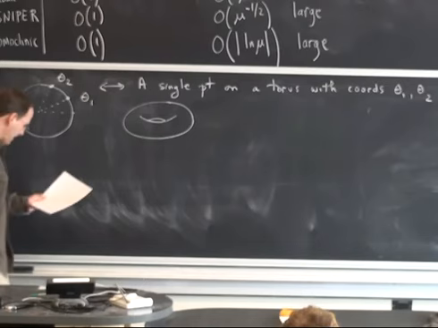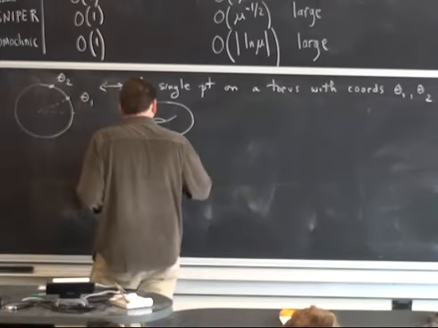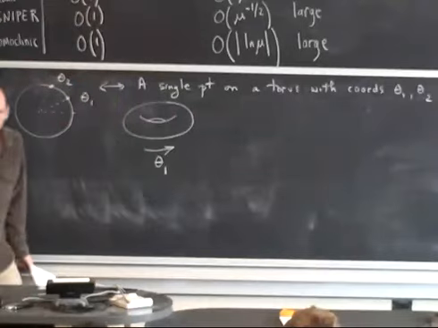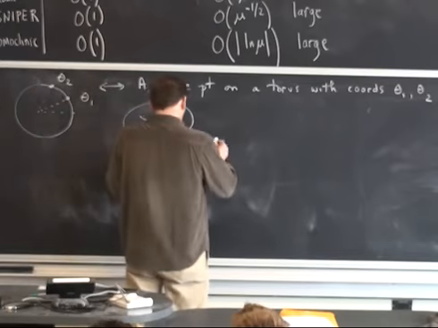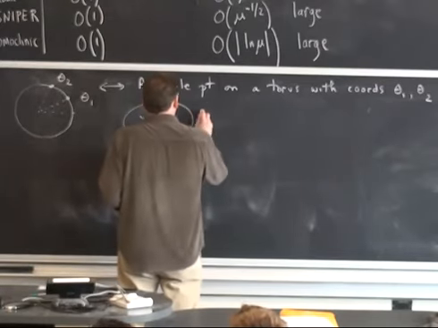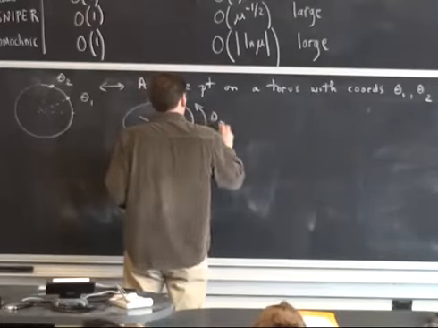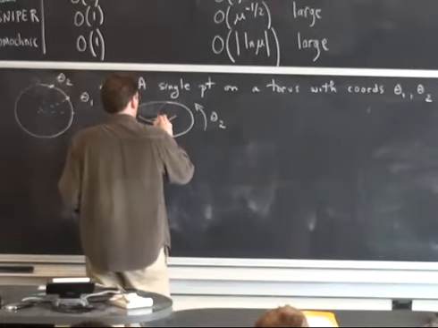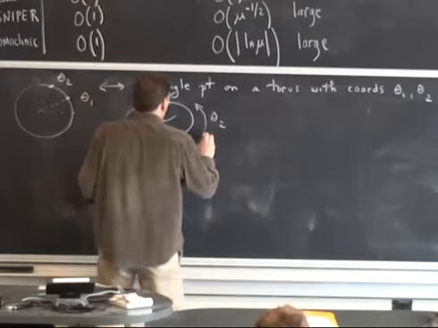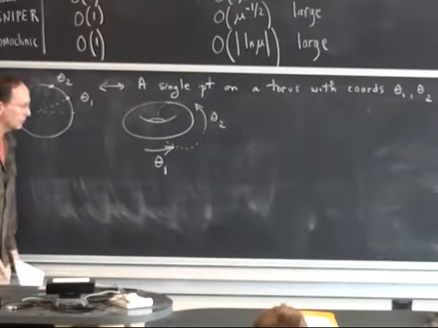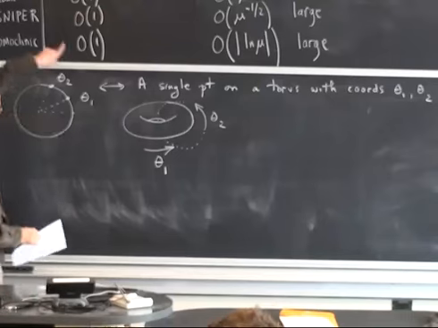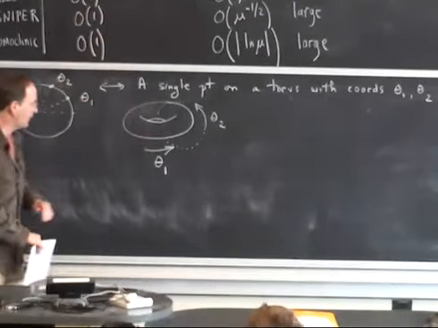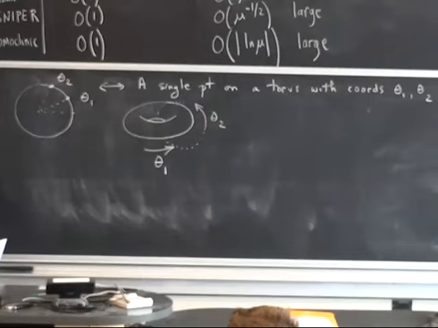And then theta 1 might represent this angle going around, which is kind of analogous to longitude on the Earth, and the other would be like latitude, which would be an angle that's harder to draw, but sort of goes, if you'll forgive me, around like this into the hole of the torus, comes out the bottom, goes around like that. That's theta 2. You see what I'm trying to indicate? So there's the one that goes around. Whatever. Hopefully you know what I'm saying. So you have those two angles.